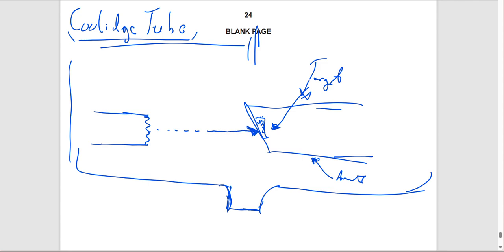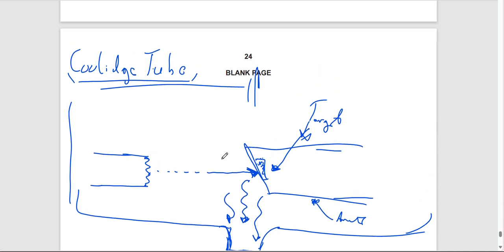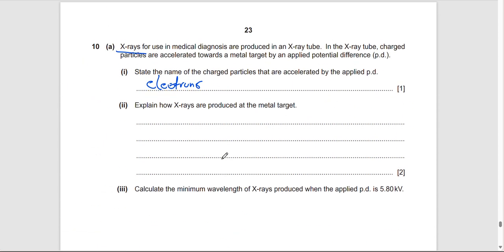All of that energy is emitted as electromagnetic radiation, which happens to be in the frequency range of the X-rays. That is what happens. And then it goes. These are aluminum filters. If you look up the Coolidge tube, everything is explained for this diagram. So that is what we want to write here.